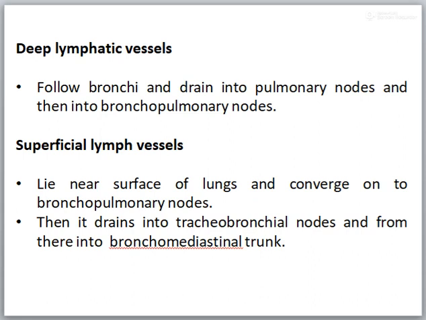Superficial lymphatic vessels lie near the surface of the lung and converge onto bronchopulmonary nodes. From bronchopulmonary nodes, lymph drains into the tracheobronchial nodes and from there to the bronchomediastinal nodes.